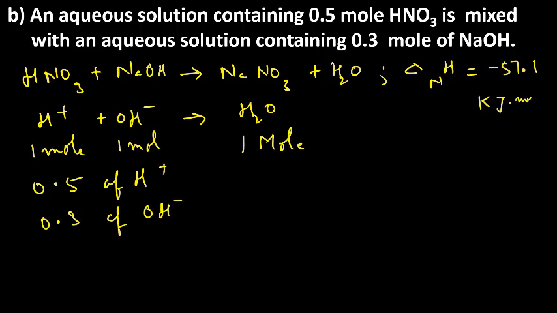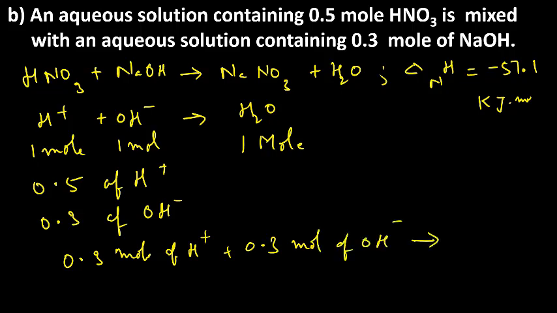Since OH minus is less, 0.3 mole of OH minus ions combine with 0.3 mole of H plus ions only. Therefore, 0.3 mole of H plus and 0.3 mole of OH minus give 0.3 mole of water.